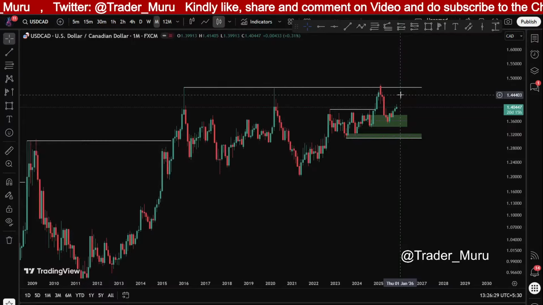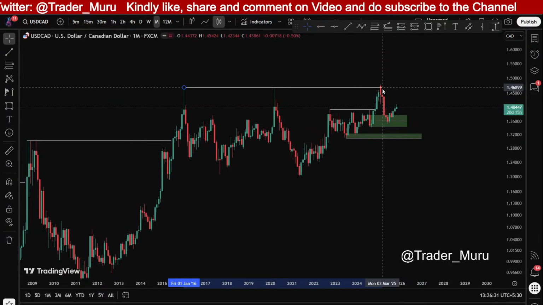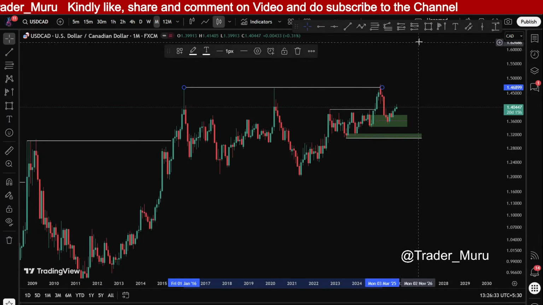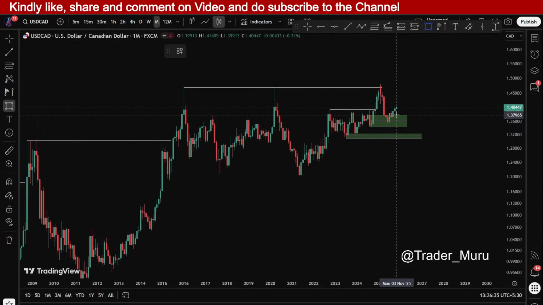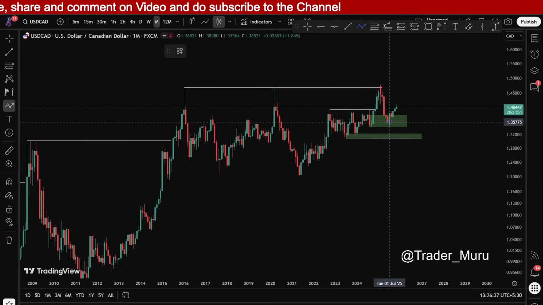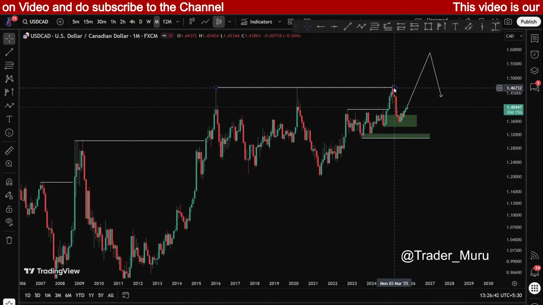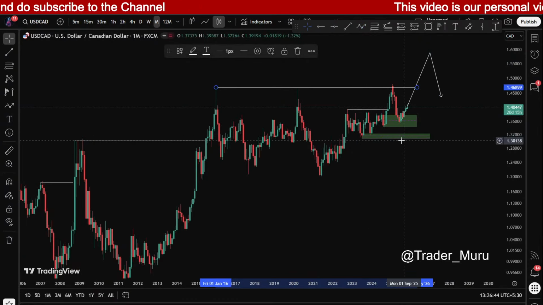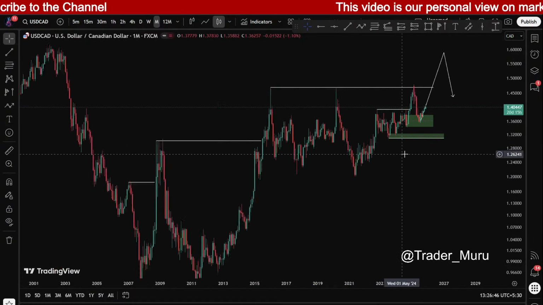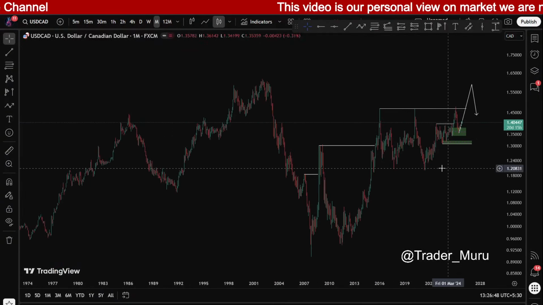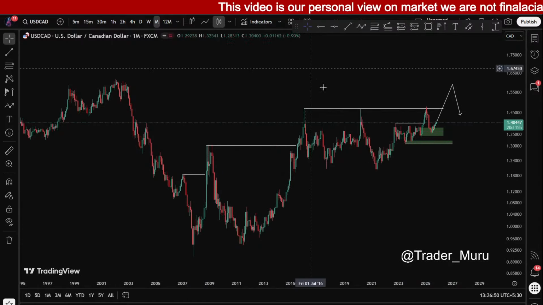I can't see clearly. Not a proper candle closing. If this area gets hold, you will see a new break of structure above this high soon. If this breaks, it will be bearish. Before that, there is no bearish sign here. Still bullish.